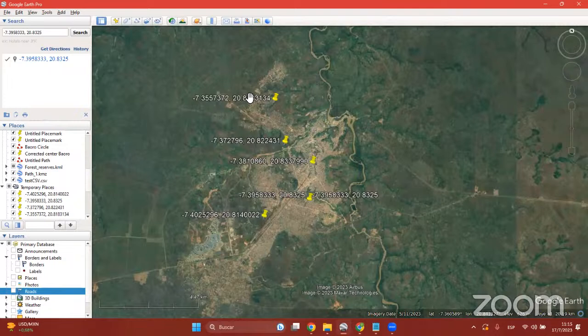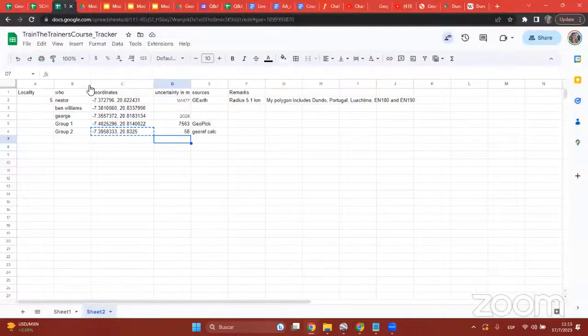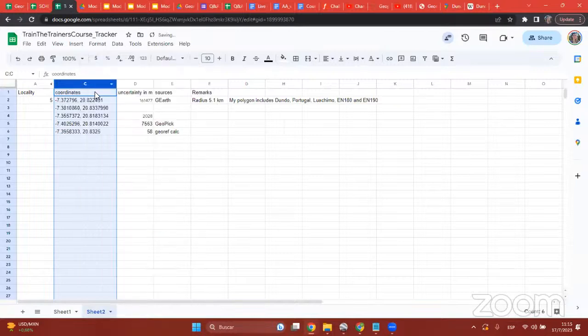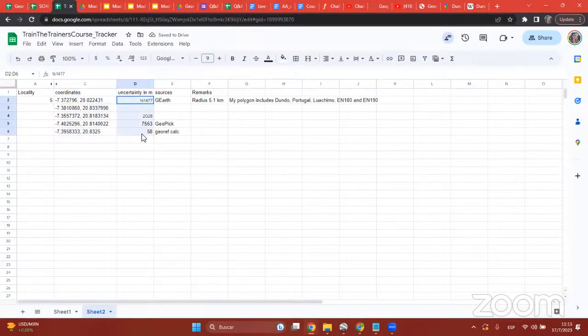And indeed, if we look at the uncertainties that we got, I'm going to hide and leave here just coordinates and uncertainties. See the variation that we had on those uncertainties.